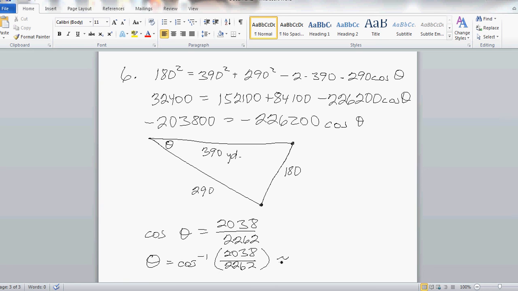So all we need is the arc cosine of that, and to the nearest degree, and it says specifically, we're going to take the arc cosine of 2038 divided by 2262, and we end up with 26 degrees. So he was 26 degrees off, which is quite bad. That actually sounds as bad as my golf. So how far did he slice it? Through an angle of 26 degrees.